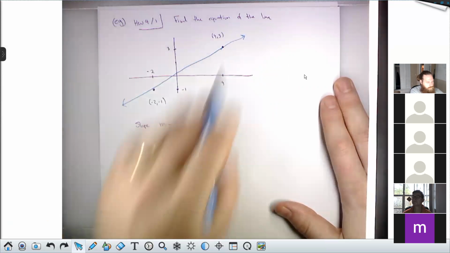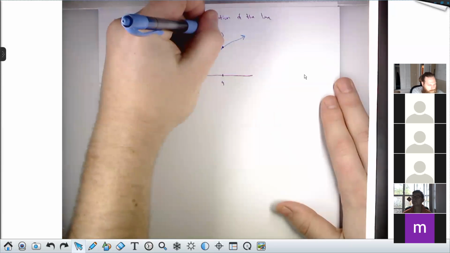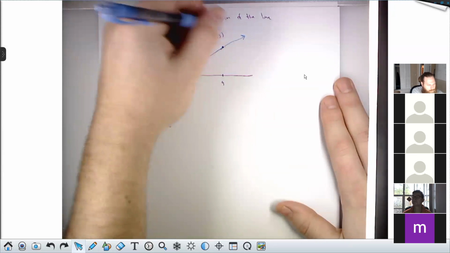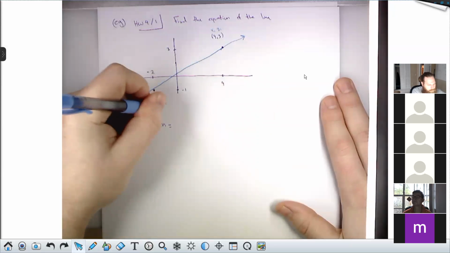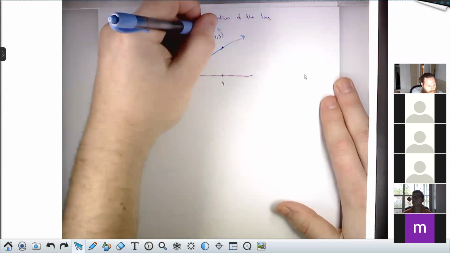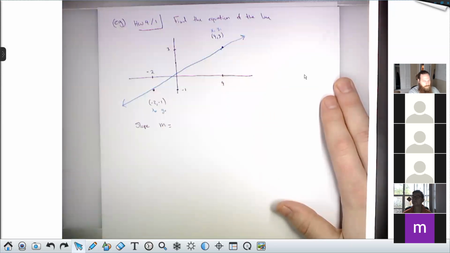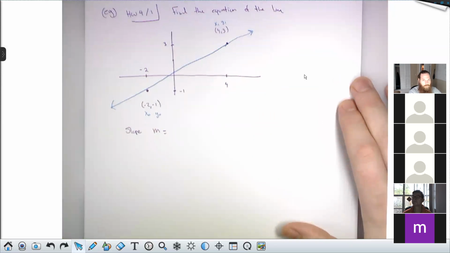Again, you can choose to label these however you want. I'll call this x1, y1, and I'll call this x0, y0. But you could swap those around if you wanted. Zoom in here so you can see a little better.